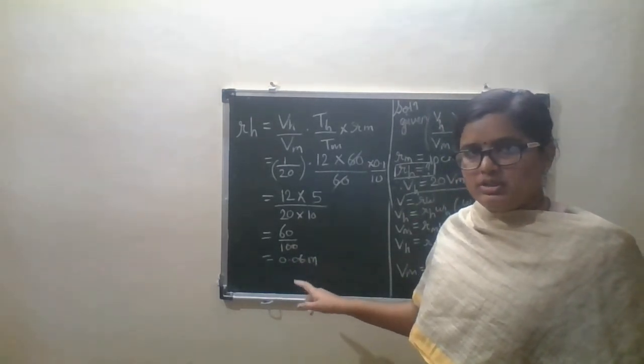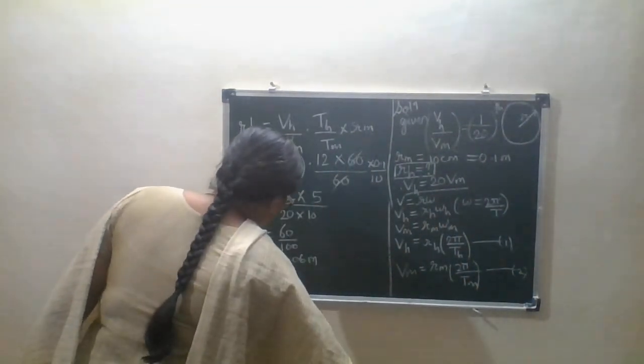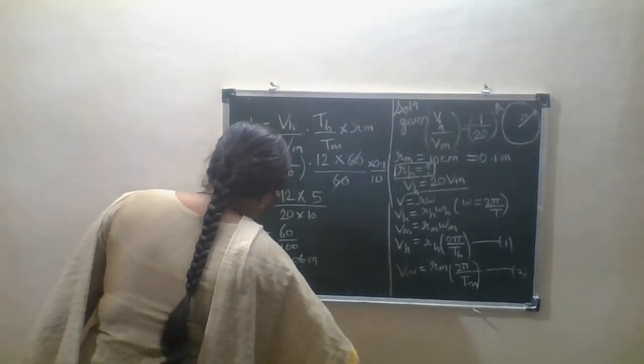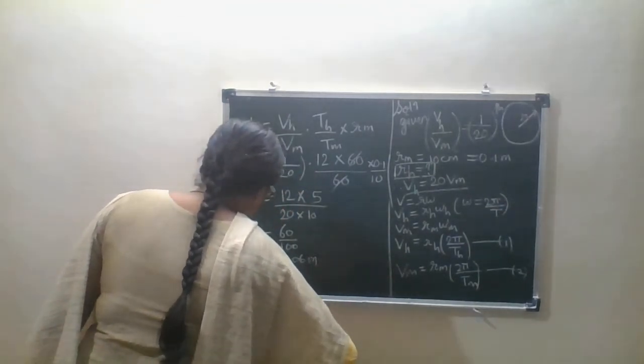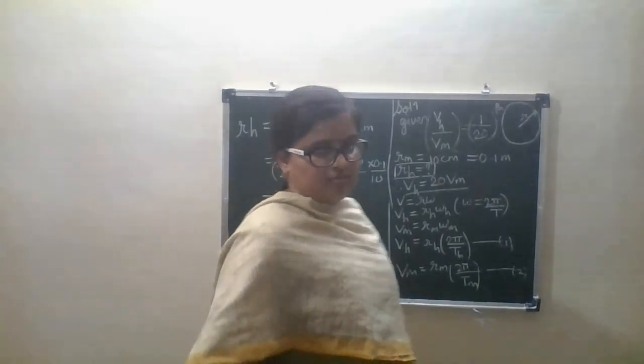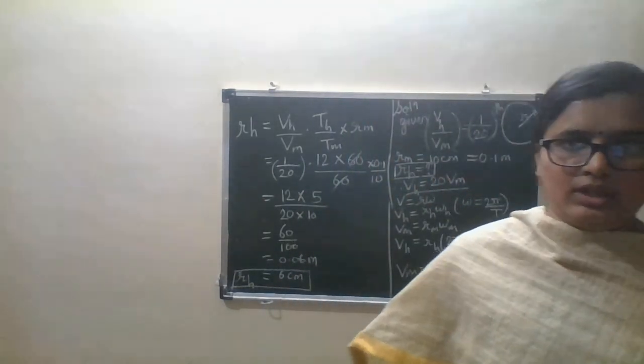Now we convert this into centimeter, so it becomes 6 centimeter. So rh is equal to 6 centimeter is the answer. Got it? Now next we will see.